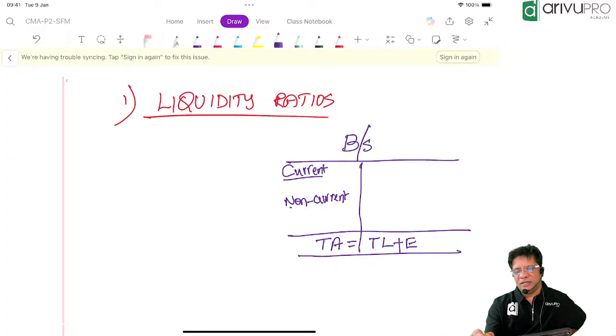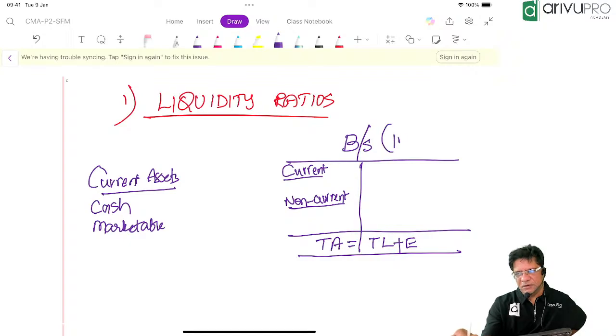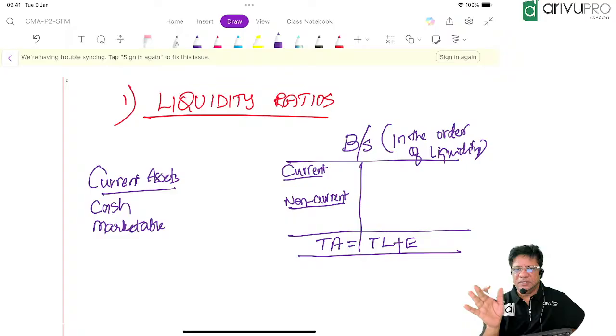Under current assets, in America the order of liquidity applies: show first the asset which can be easily converted into cash.